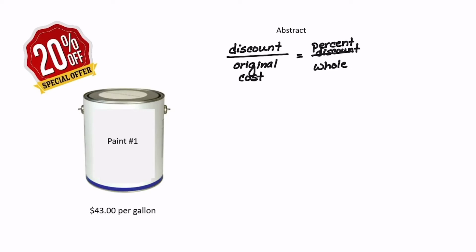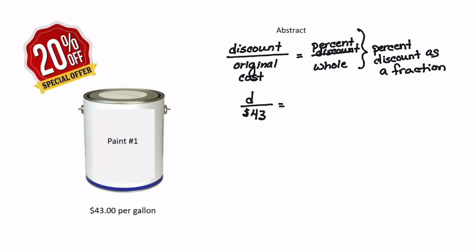So when we substitute, I don't know the amount of my discount, so I'm going to leave that as variable D. I do know my original cost is 43. I am going to write my percent discount as a fraction. And I know 20% as a fraction is 20 over 100.